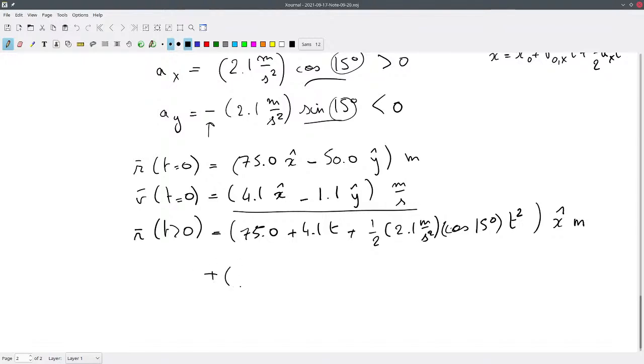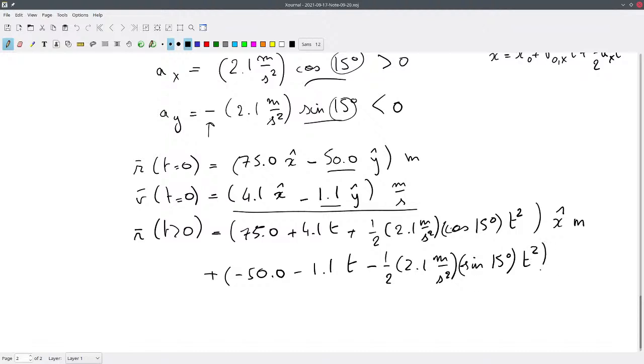And then we'll have a y component, which is going to be minus 50 meters, minus 1.1 times the time, and then plus 1/2, but it's minus, so I'm going to leave it there as a minus, so 2.1 meters per second squared times the sine of 15 degrees times t squared in the y direction in units of meters.